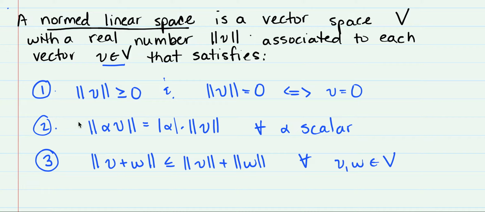So the first condition, where the norm of the vector always has to be greater than or equal to 0, and it's equal to 0 only if the vector itself is 0. That when we multiply the vector with a scalar, if we take the norm of that, it's the same thing as taking the norm of the vector and multiplying by the absolute value of the scalar. And then the last thing is the triangle inequality. So that has to be satisfied.